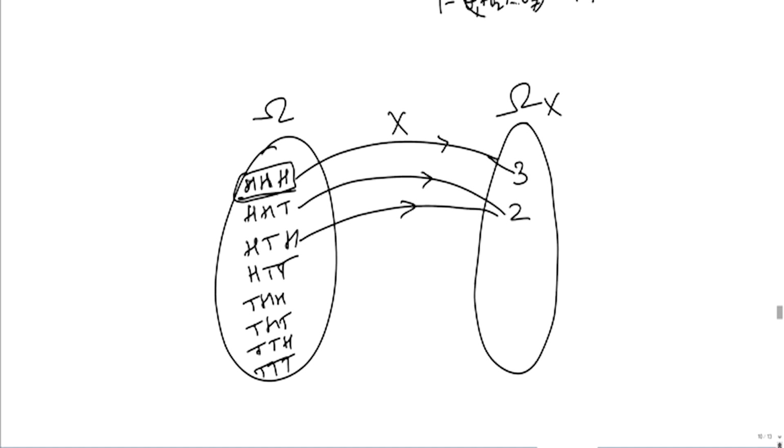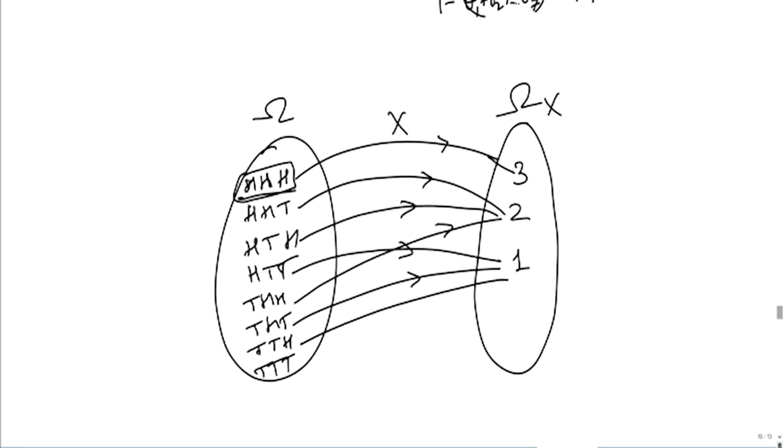Then HTT has 1 head. Then THH has 2 heads. THT, it has 1 head. TTH, 1 head. TTT, this is different, 0 heads.